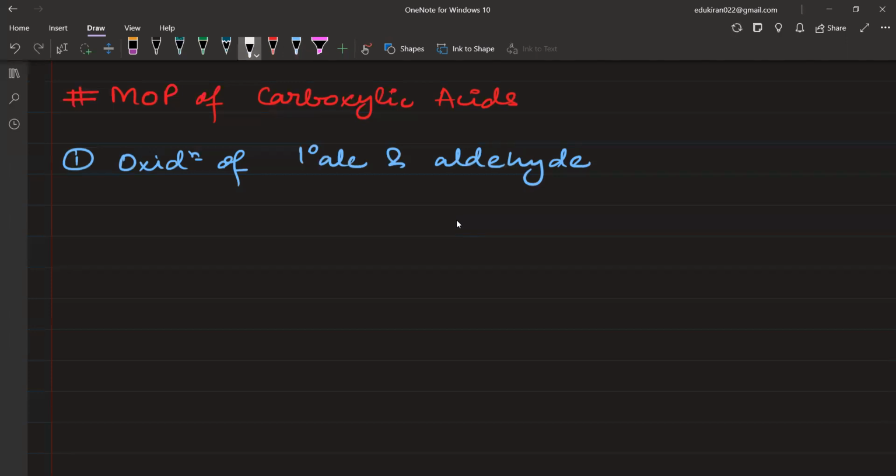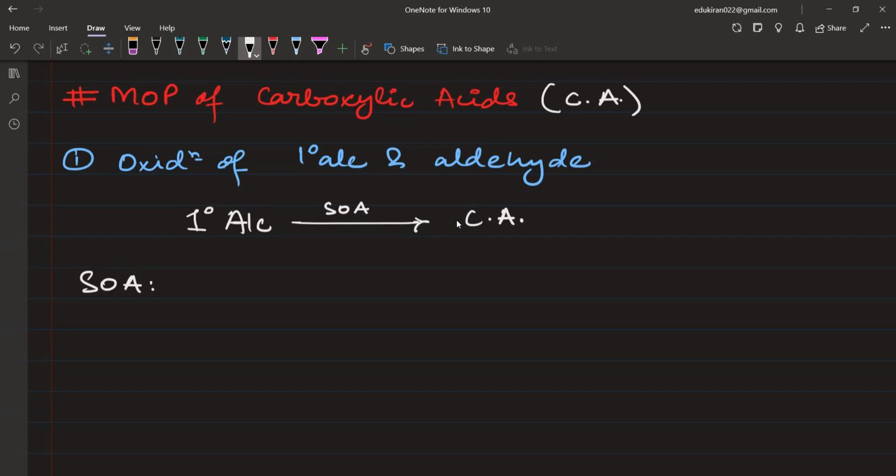We know that if you have 1 degree alcohol and you use a strong oxidizing agent, then it will give you carboxylic acid. Carboxylic acid, I will sometimes write it as Ca. So what are the strong oxidizing agents that you can use? You can use K2Cr2O7 or Na2Cr2O7.